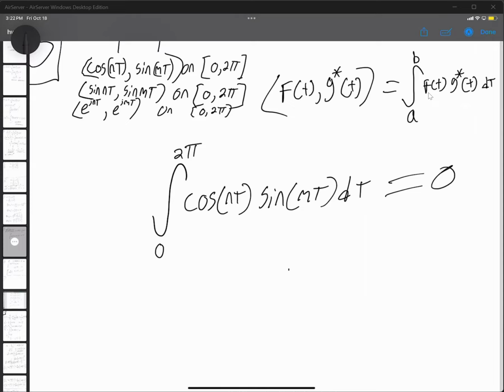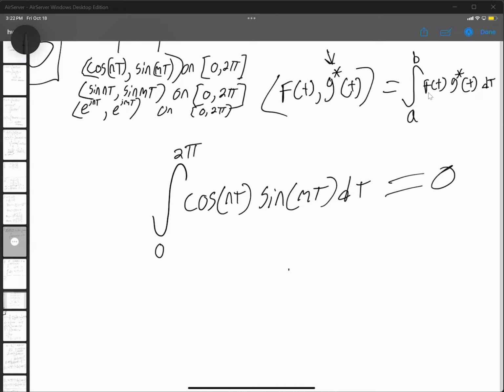So that's why we're integrating. And don't worry about the conjugate here, because we're not dealing with complex numbers. We're dealing with sine and cosine. So we're plugging in the inner product and we are going to integrate.